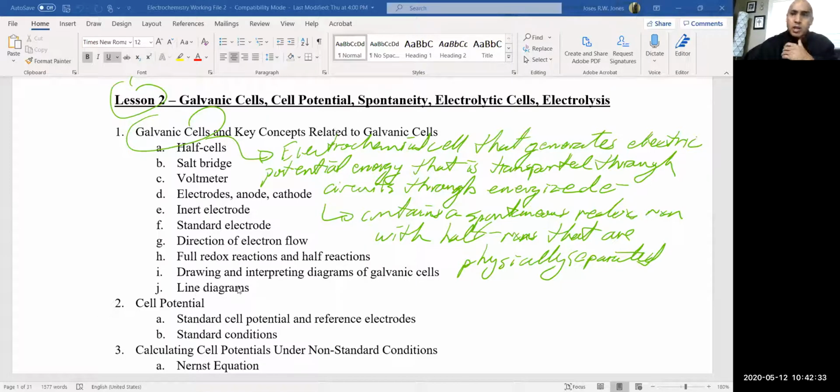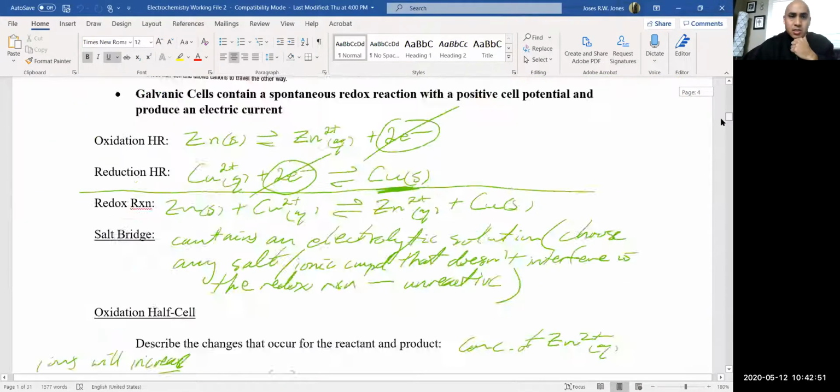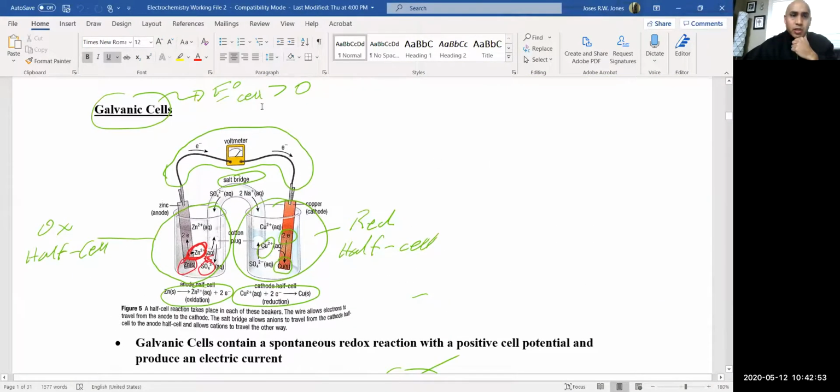We didn't do line diagrams, or how you represent a galvanic cell or any kind of electrochemical cell. I stopped there because there are a number of different setups that I'd like to go through with you. We went through one setup last class, this one right over here, a galvanic cell.